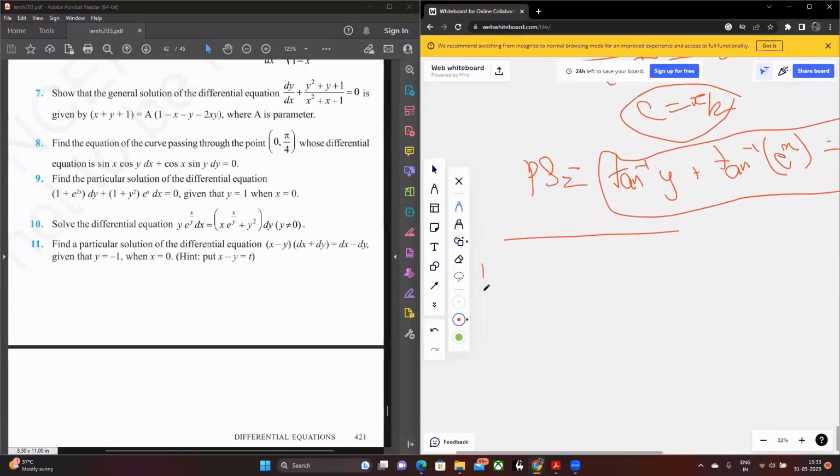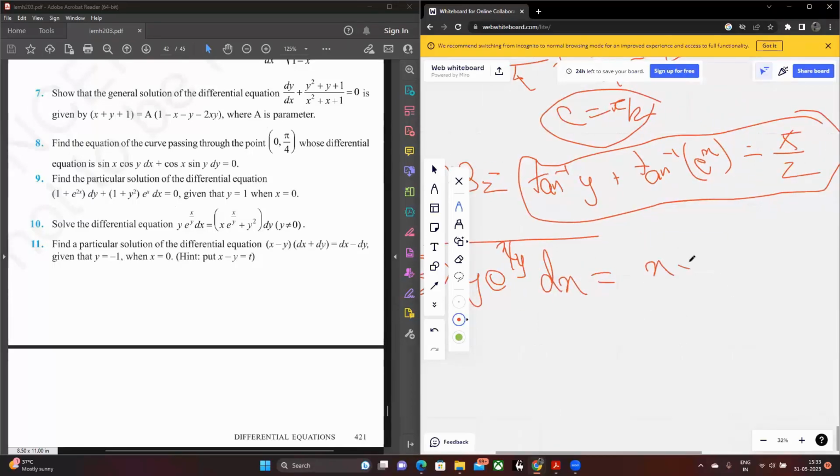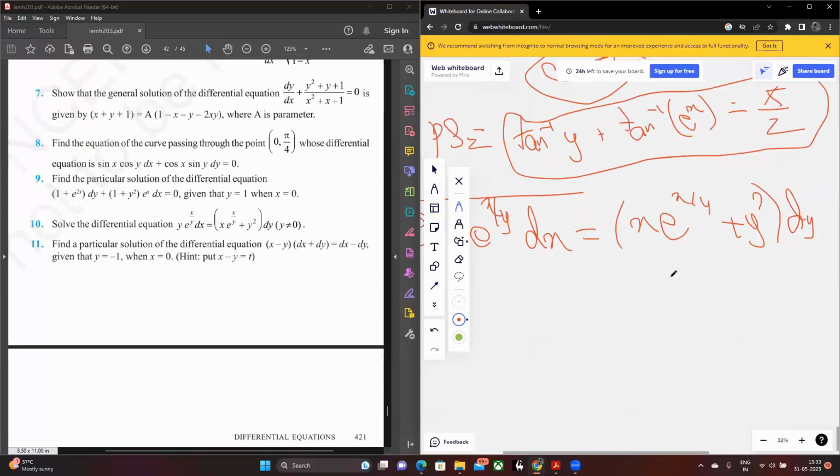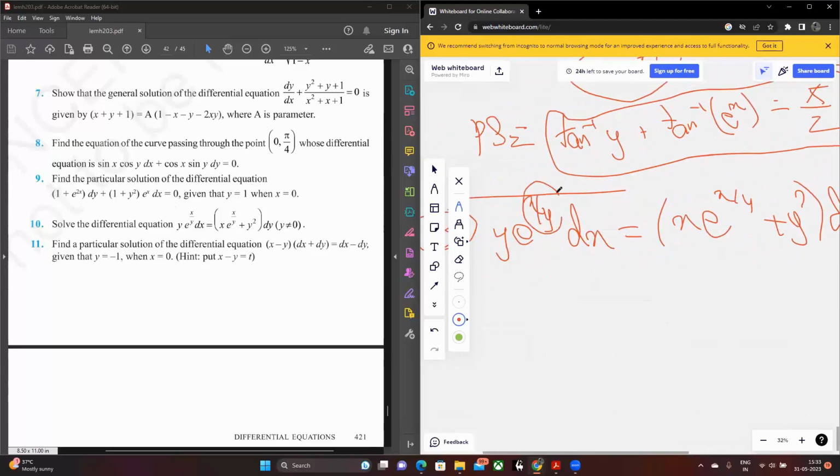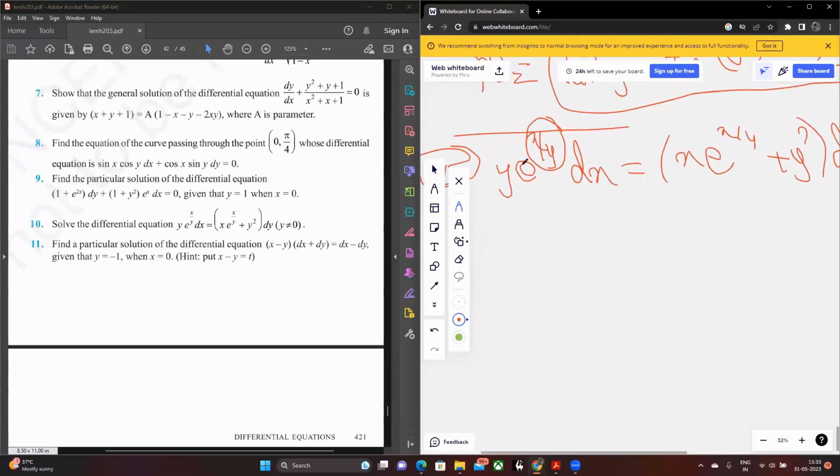Going to the 10th question. Question number 10. Solve the differential equation y e power x by y dx is equal to (x e power x by y plus y squared) dy. First of all, notice that you have an x by y up on top and you can't separate this out.